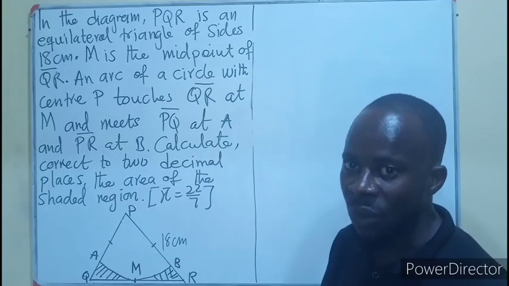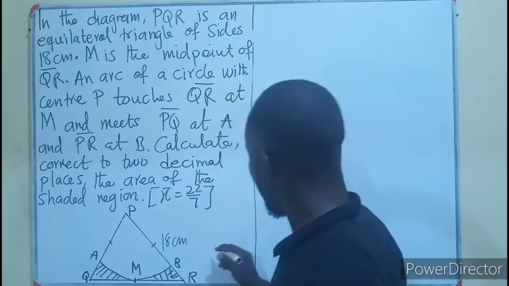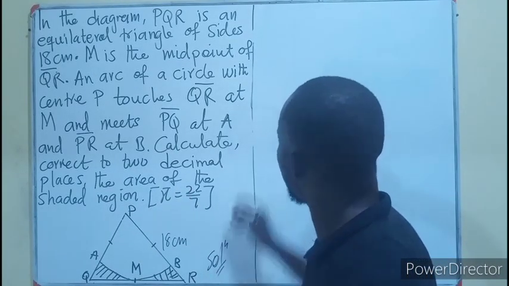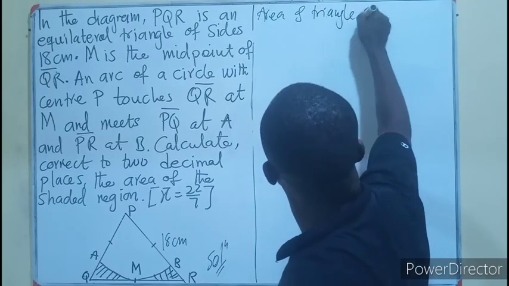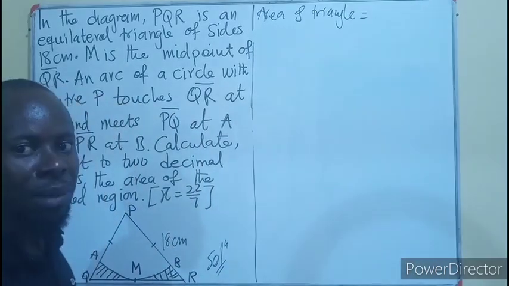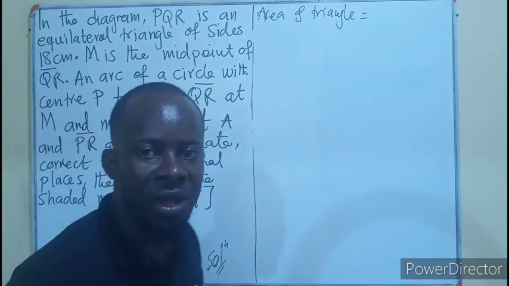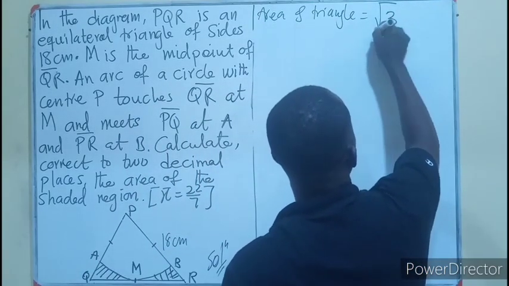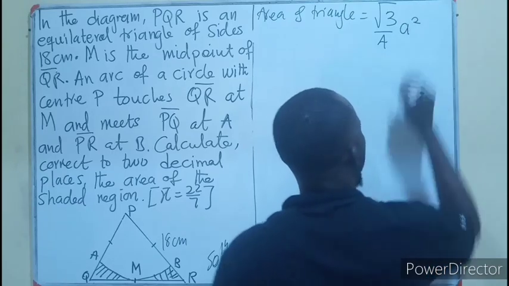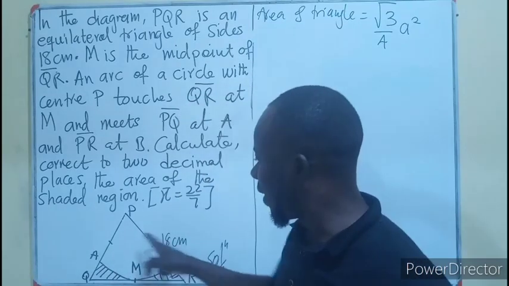So fast forward, I'm going to find the area of the triangle as the first thing. Solution. The area of a triangle is half base times height, but we don't have a height here. So I'll go straight to the formula for the area of an equilateral triangle, which is root 3 over 4 a squared, where a is the side.